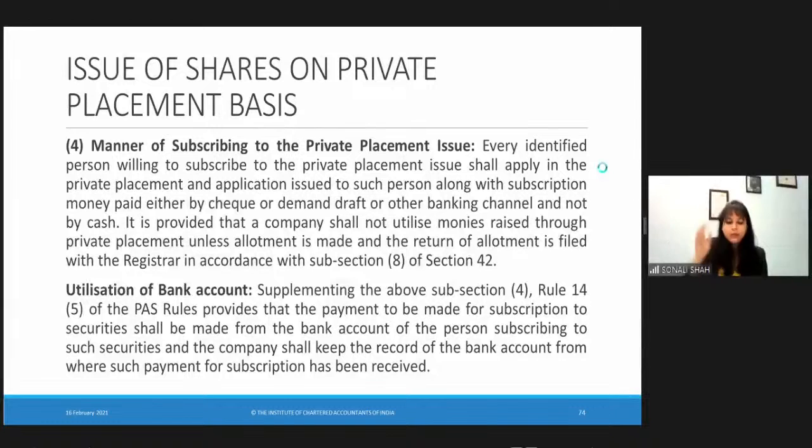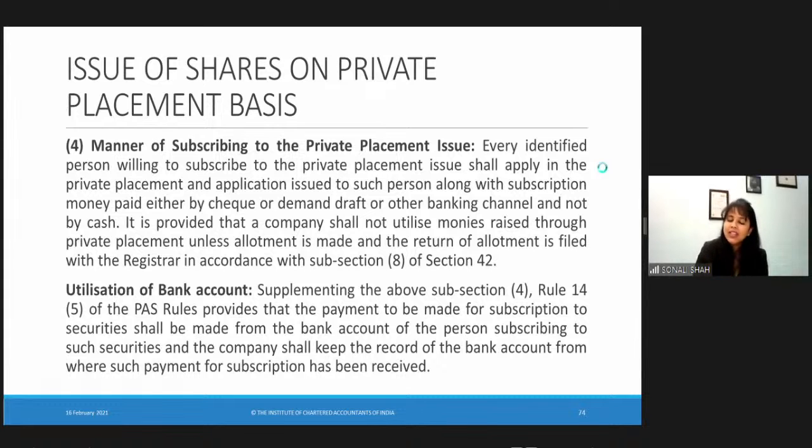And whenever there is a payment to be made for subscription to securities, it shall be made from the bank account of the person who is subscribing to such securities. So if I have received the offer, I will file the application and the payment will also go from my bank account. It cannot go from my mother's, my father's, or my husband's bank account.